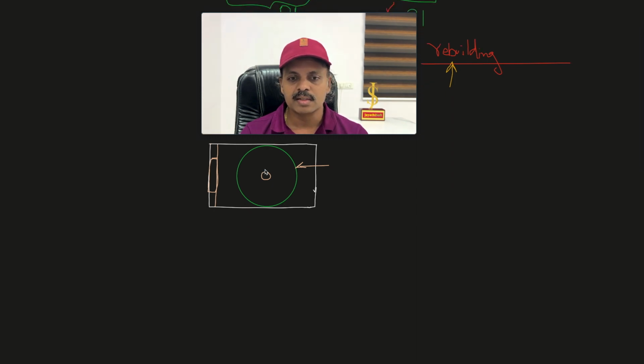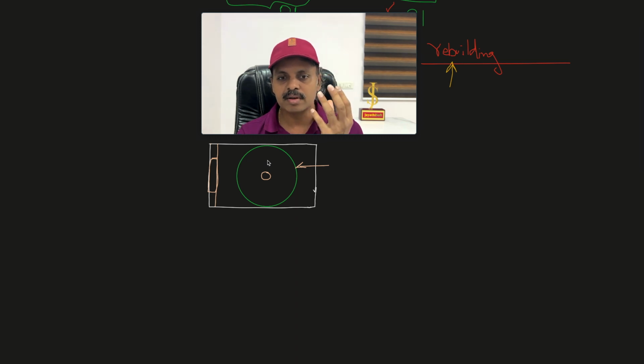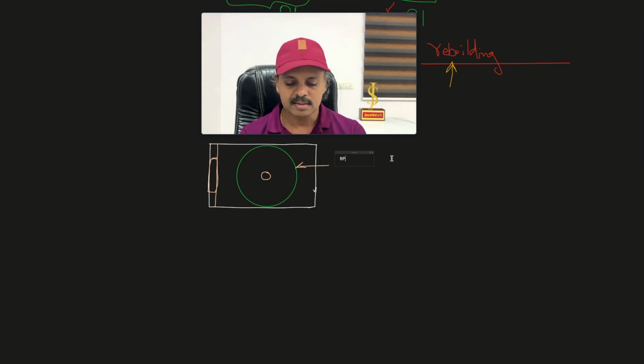And in the center there will be a spindle, based on which it will be rotating at high speeds. Hard disk rotation speeds are considered in RPM, rotations per minute.